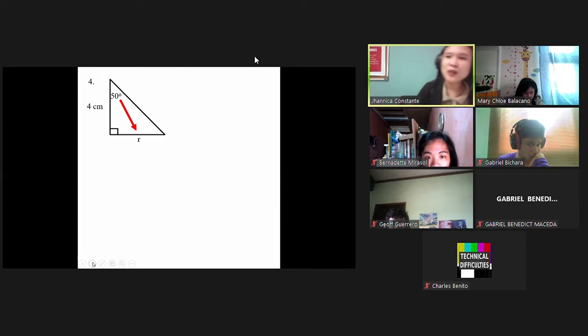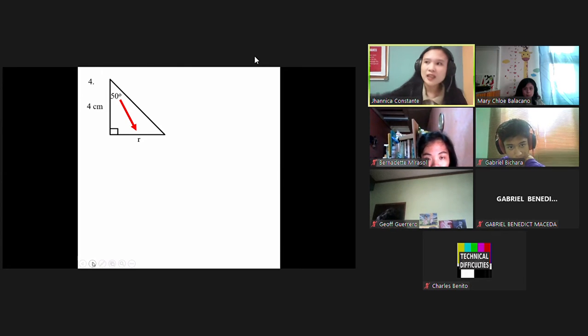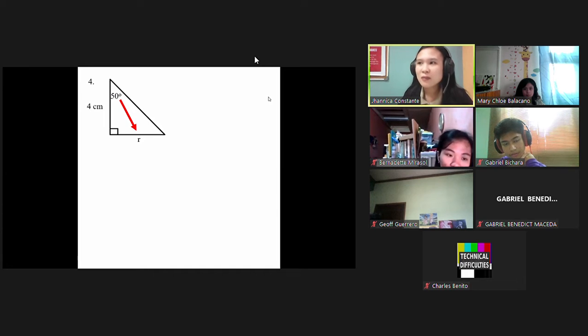For example, we have this triangle. An angle measures 50 degrees and a side of a triangle measures 4 centimeter. And we're going to find the measurement of the side R. What trigonometric ratio are we going to use to find the measurement of side R?